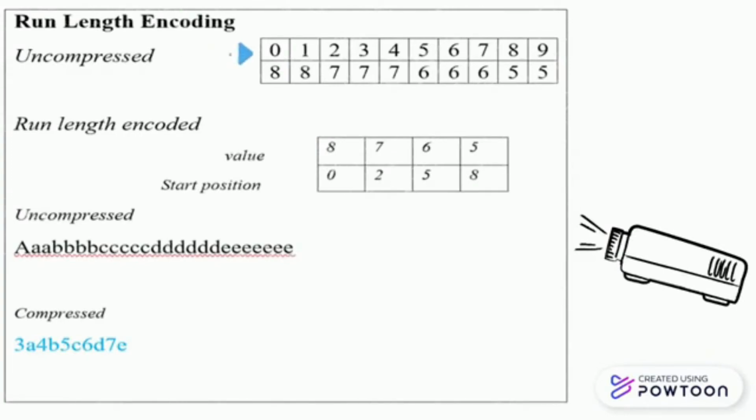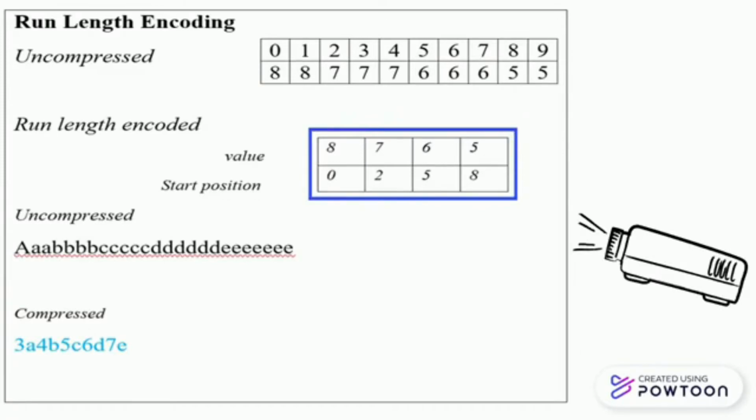In the first row, it is the position of a valued number from 0 to 9. The second row is the value of an uncompressed number. In the result, this is the compressed version from the starting position and its value. The value is 8, the starting position is 0, and the rest are 7 to 2, 6 to 5, and 5 to 8.